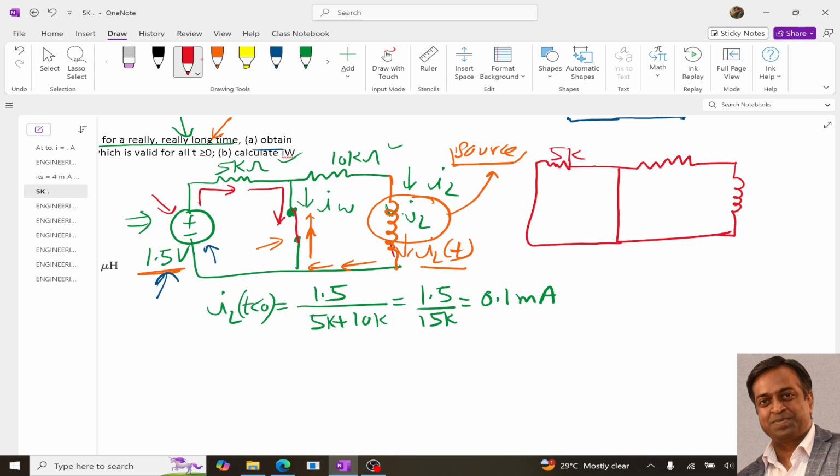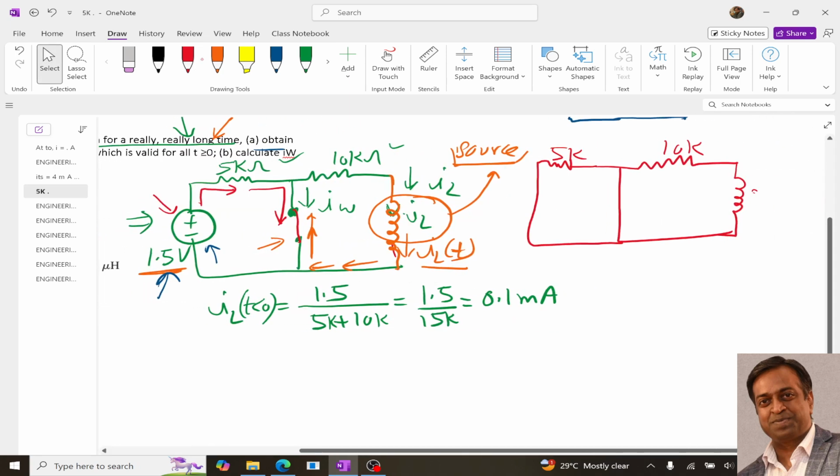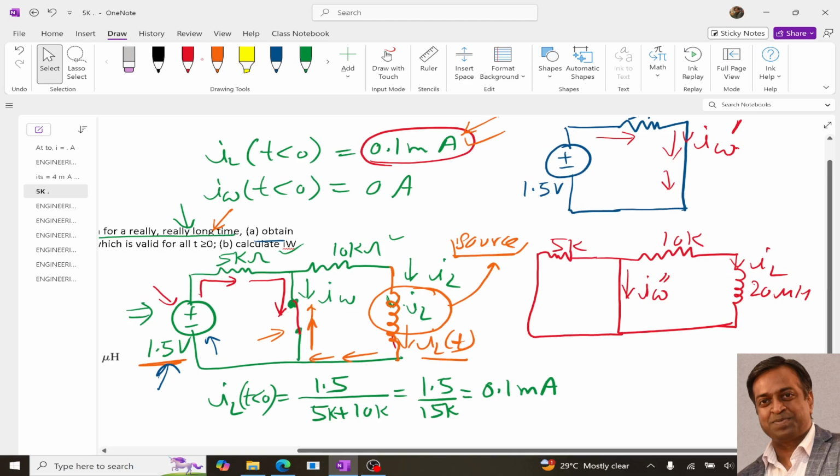It is 5k, it is 10k, it is our inductor, which is 20 microhenry, and the current over here is IL. Let this current be IW double dash, because I single dash I have already taken for this.